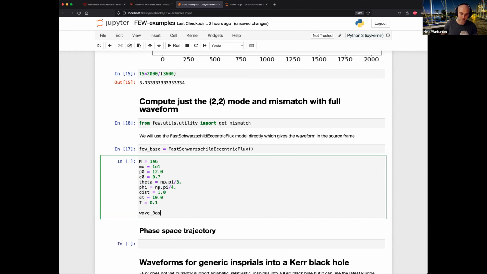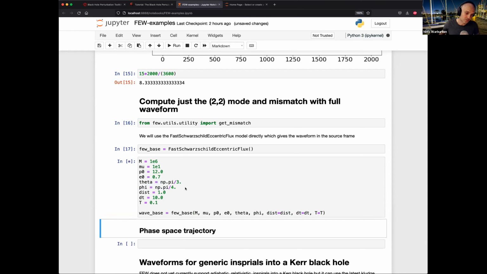And then, e naught, eta, distance, dt. So that's actually just computing the same waveform we just had before, this time for just 0.1 of a year, but in the source frame.